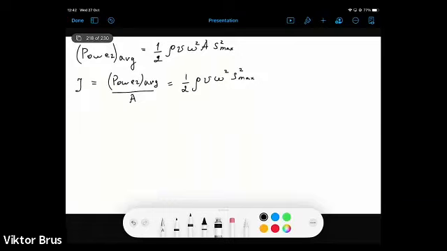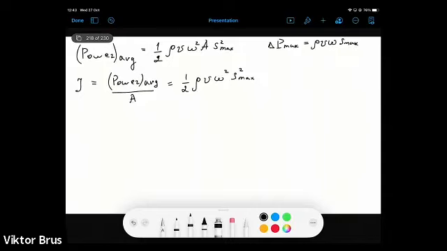So taking into account that from our first slide initially at our today's discussion, we wrote that delta P maximum, change in pressure, maximum pressure, is equal to rho times V times omega times S maximum.